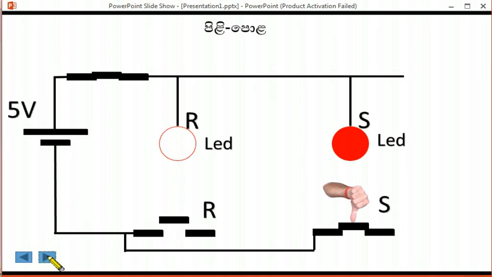That is the main thing. Again you can see the switch is off, but the state of the set LED doesn't change. It stays as it was. We can press again, but nothing happens.